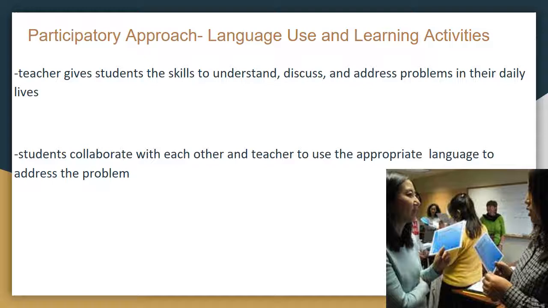As part of the class, students collaborate with each other and the teacher, and they use appropriate language to address the problem, and they refine that language so that they can effectively communicate to government officials or to community stakeholders or employment officials effectively.